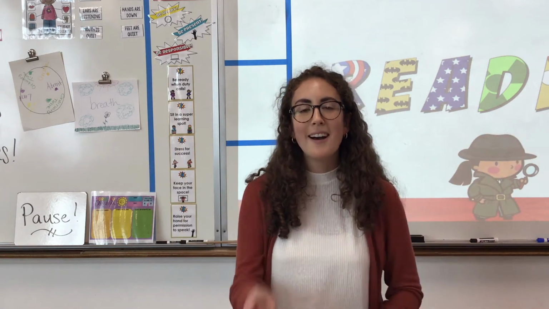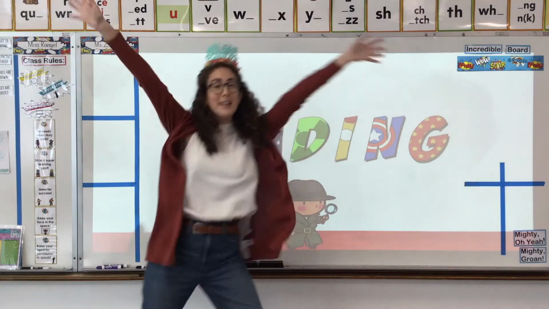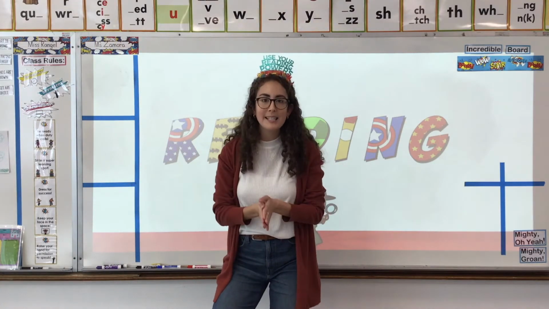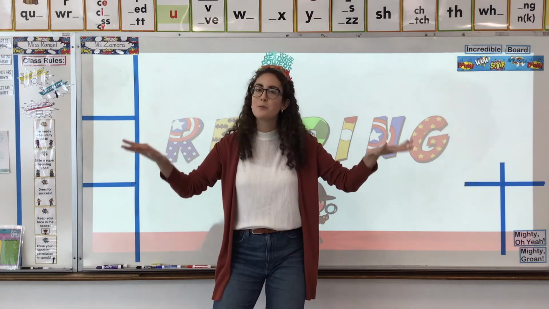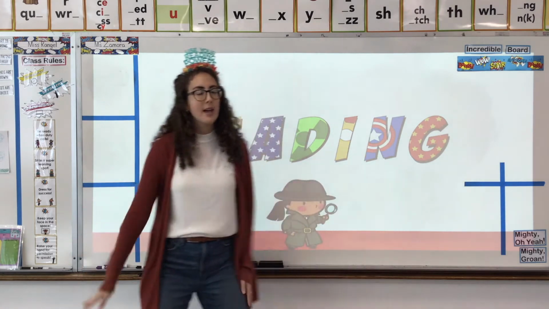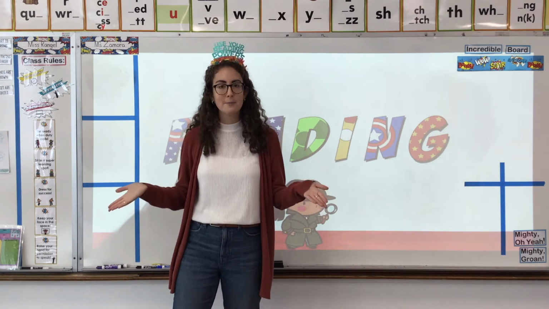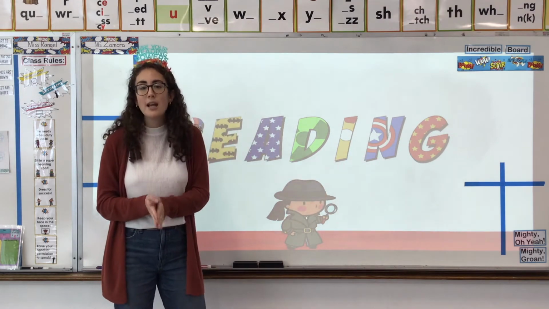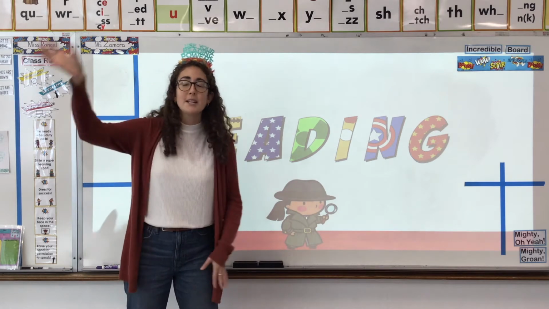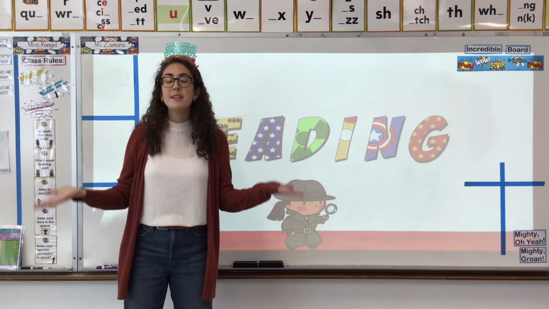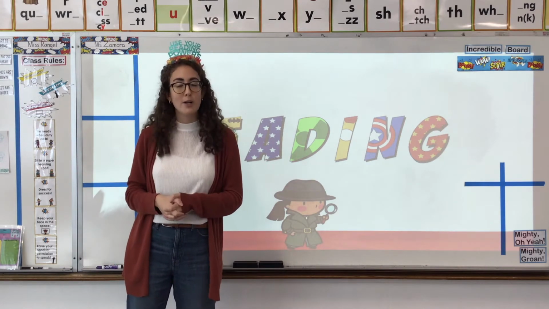Let's keep it going on this new Monday. What's up, second grade, and happy Monday. Welcome to our last week of January. And of course, to kick off this last week of the month, we got to start with reading. So all this month of January, we've been focusing on all these different O teams and the different ways we can read them in our words.